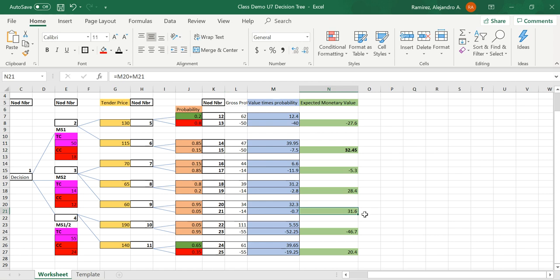I can make very similar money as this one. You see, this one is 32,000 and this one is 31,000. But the difference is in this one, if I lose, I just lose 14,000. That makes a very big difference, right? It's better to make 31 by losing 14 than making 32 by losing 50.